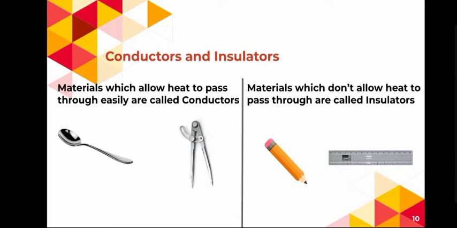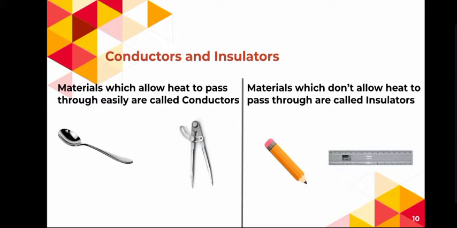So in both cases, we feel hot at the other end. So we can conclude that in a metal object, the heat is transferred to the other end, whereas in the plastic scale and pencil, we have not felt it.